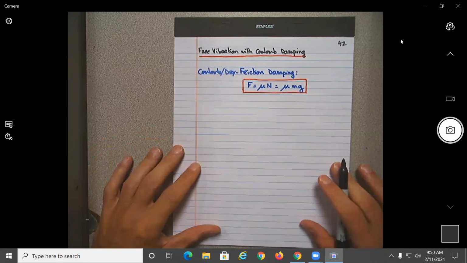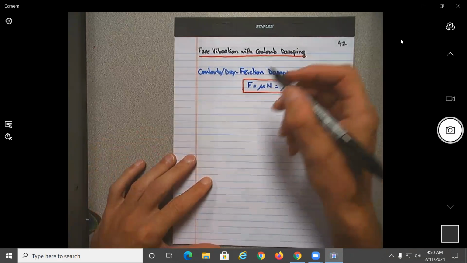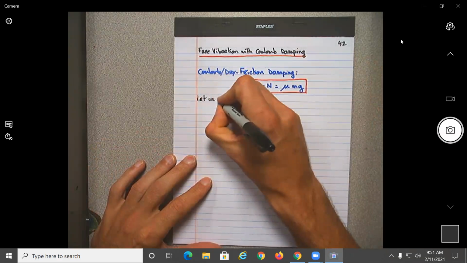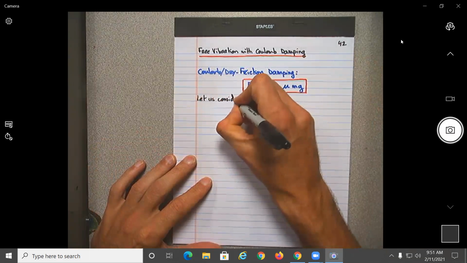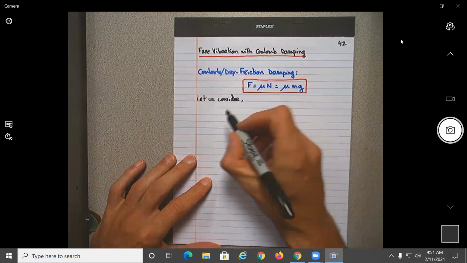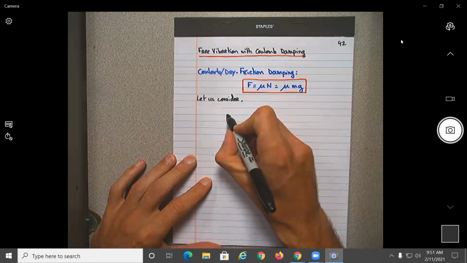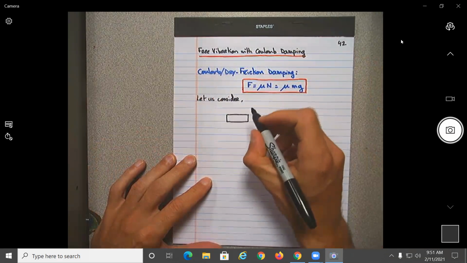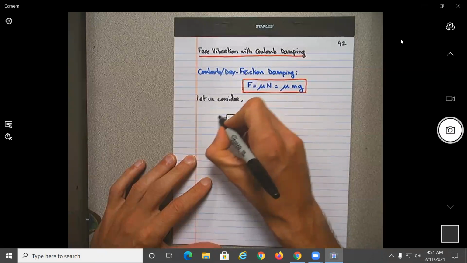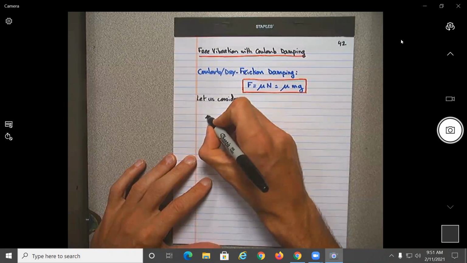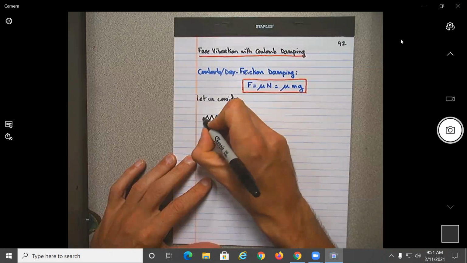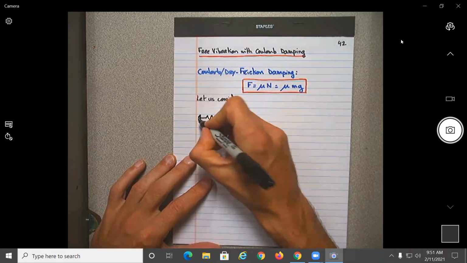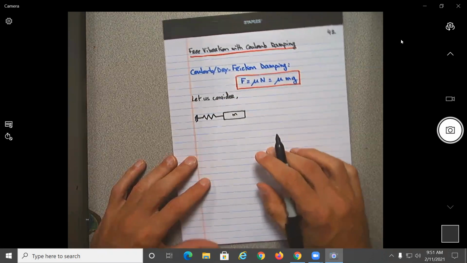Okay, so let us consider, as an example, just one single degree of freedom. Let us consider the below system, where you will have just one mass with one spring.